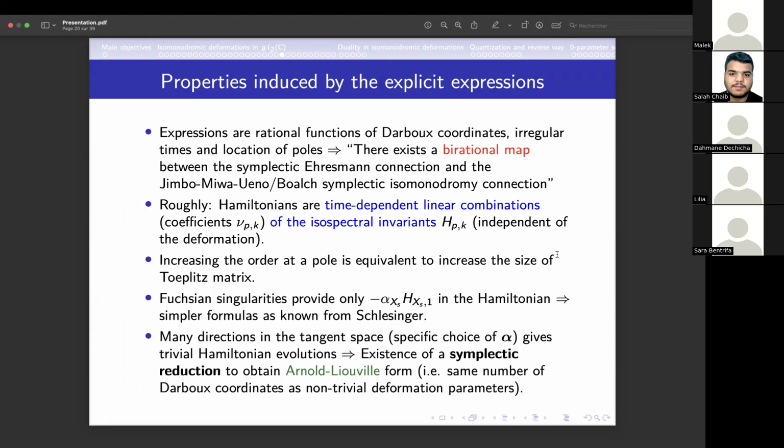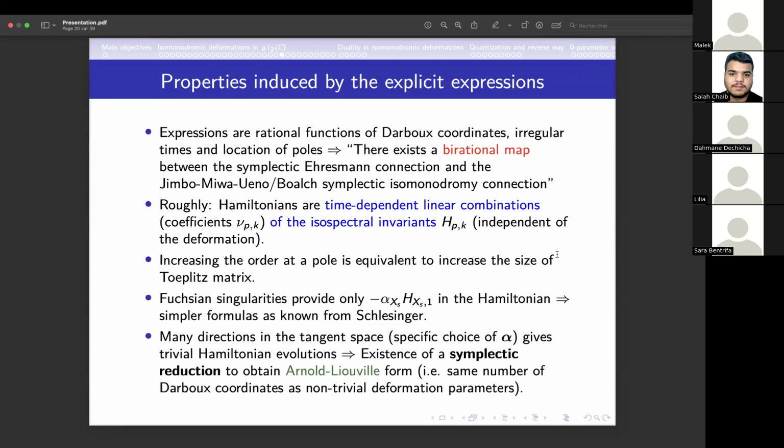So we have explicitly the gauge transformation that takes us from one side to the other, with an explicit formula that gives us the explicit dependence on all the coefficients. The Hamiltonians, roughly speaking, are time-dependent linear combinations of the isospectral invariants, the H_PK, independent of deformation. These invariants are super important because they make the link also with the isospectral approach, which is the other side of the coin, literally.